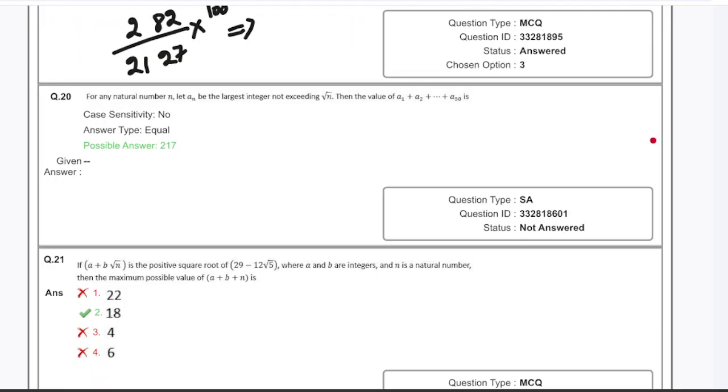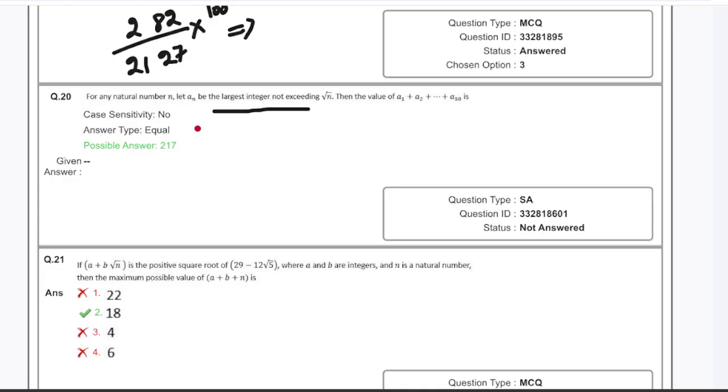The question number 20. For any natural number n, let an be the largest integer not exceeding root n, then the value of a1 plus a2 till a50. Now, when they say largest integer not exceeding, this is the same as the greatest integer less than or equal to a number.